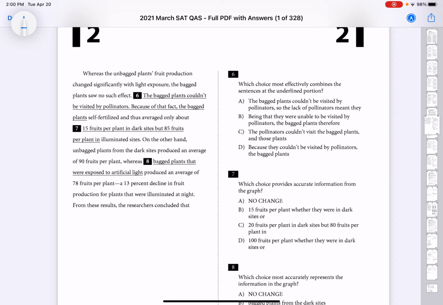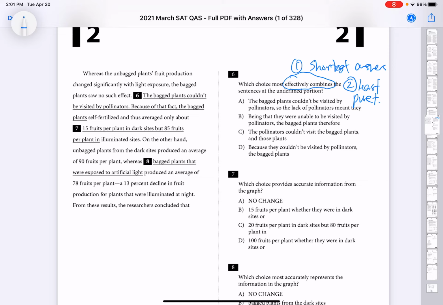Okay, so when you're doing this kind of sentence, you want to pick an answer that, one, prioritizes the shortest answer. And then two, you want to prioritize any answers that combine with the least amount of punctuation. You want to effectively combine.